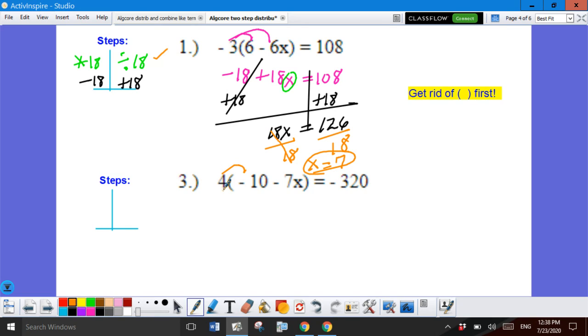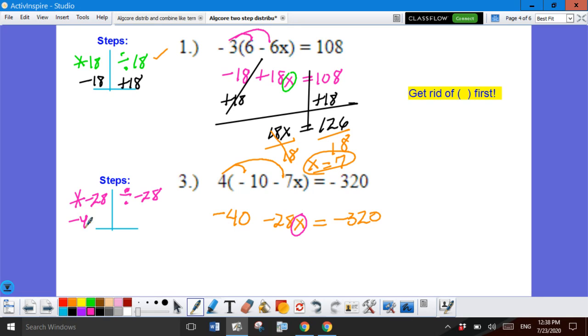All right, let's see how you did. 4 times negative 10 is a negative 40. 4 times negative 7 is a negative 28x. Oops, I better put my 2 in there. All right, here's my x. So the first thing happening is times negative 28, divide negative 28.